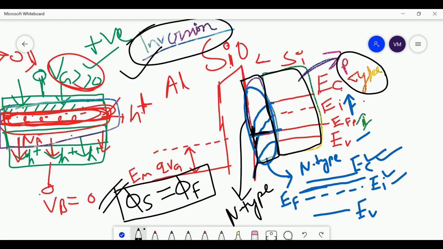So this is the condition when the inversion occurs.